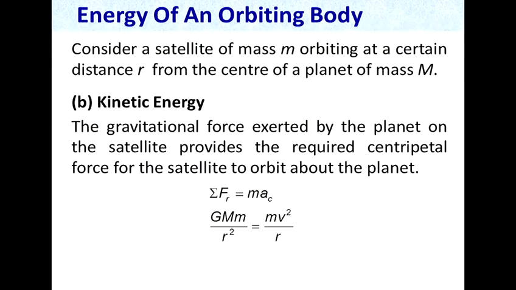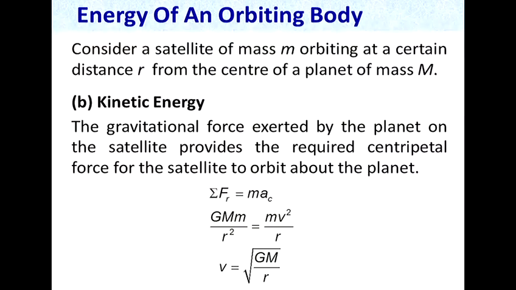In this case, there's only one force, that's the gravitational force, equated to mv squared over r. V squared over r, because I want to find the speed, so that I can find the KE, half mv squared. From there, you can determine the expression for the speed of the orbiting body.